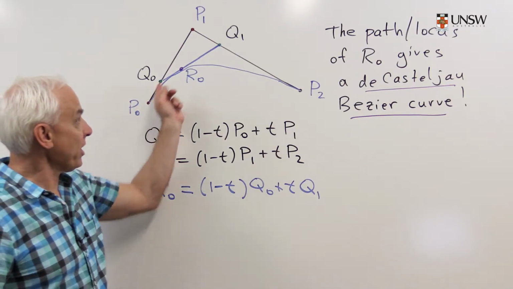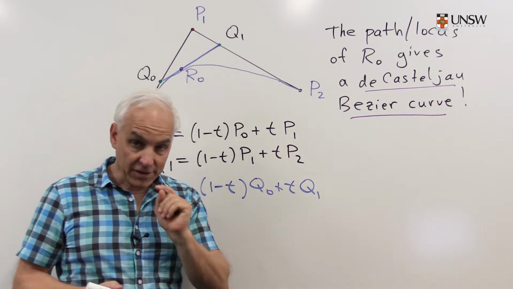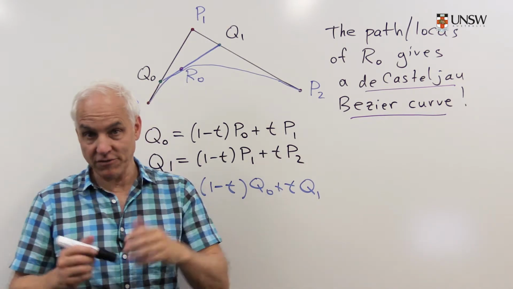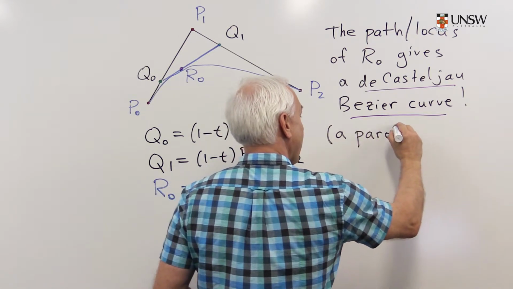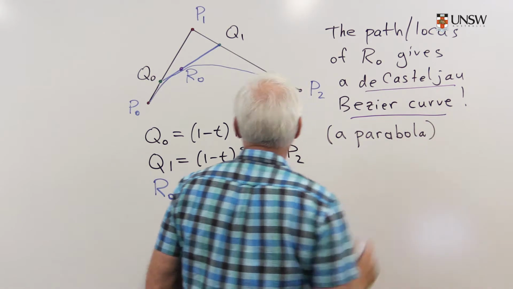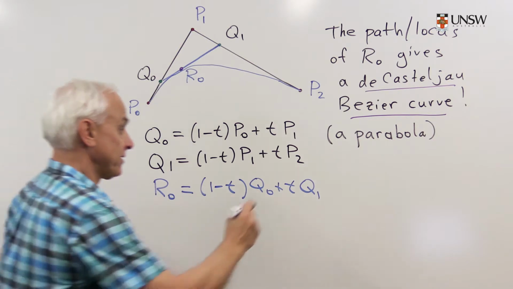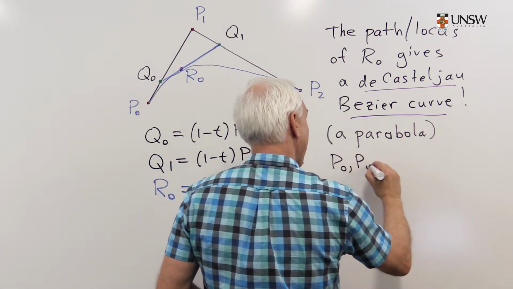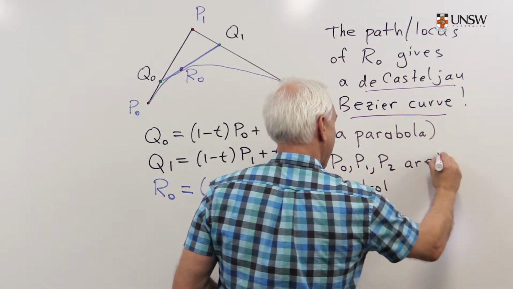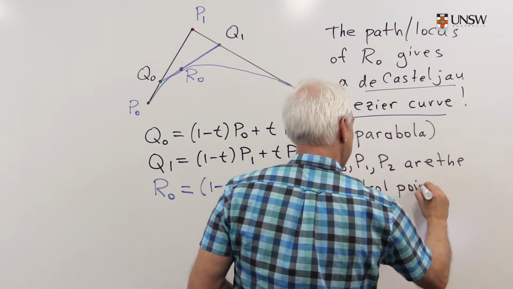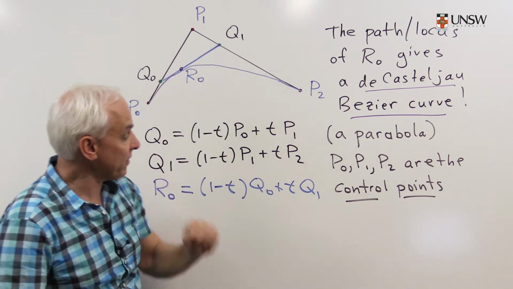So what kind of a curve are we getting here for this Bezier curve? Well, it turns out that it's a conic section. In fact, it turns out that it's always a parabola, or a part of a parabola. And these 3 points, P0, P1, and P2, are called the control points. So they determine the shape of the Bezier curve in the following way.